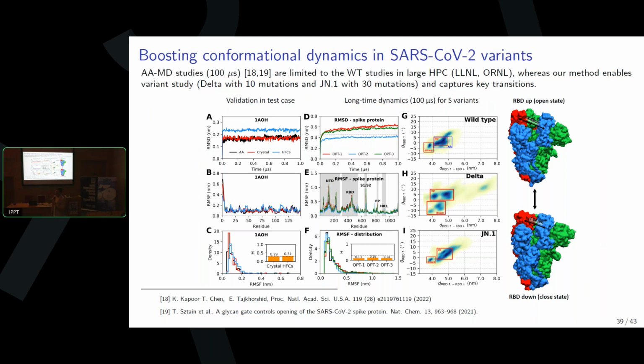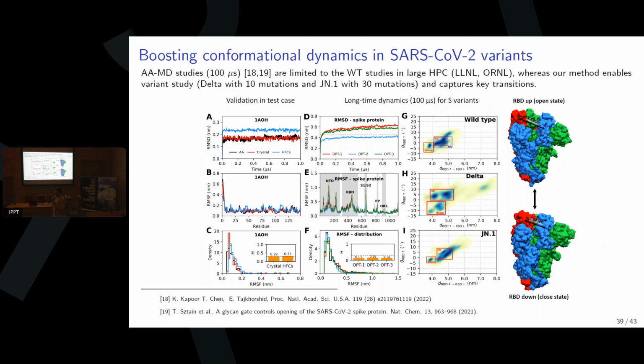It's in non-equilibrium, right? That RBD is looking for the ACE2 receptor to bind and lower the free energy. Once this happens, it will just stick to the cell, and then it will be lower in energy. Once it is in the open state, it's basically transitioning between open and closed.